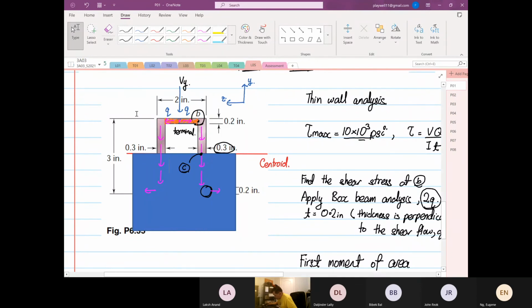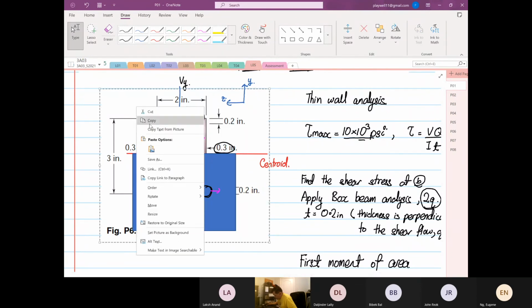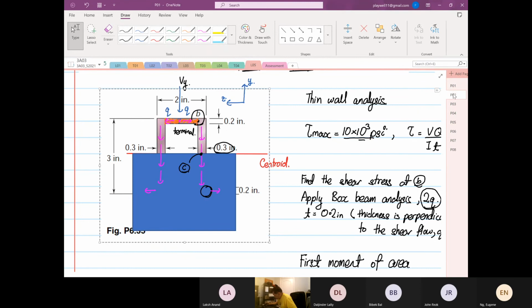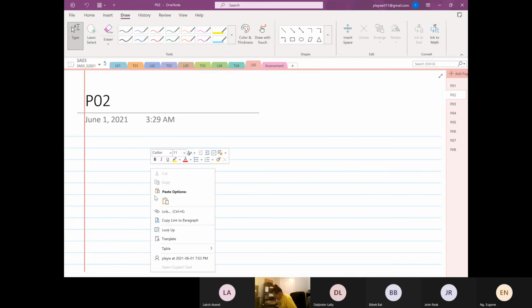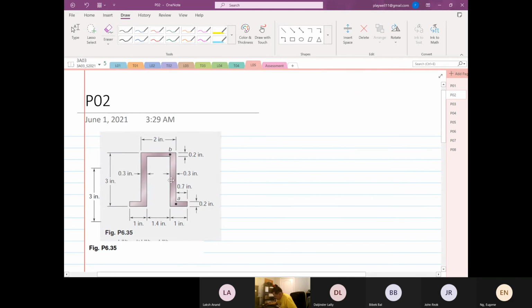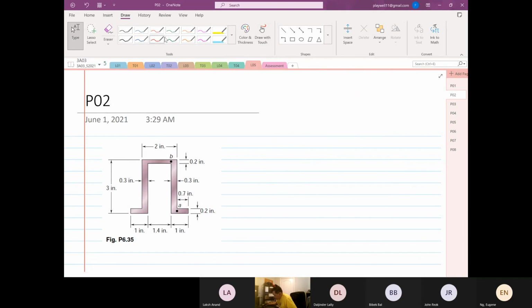So I'm going to copy this diagram, hopefully, and paste. And then I'm going to sketch our centroid.